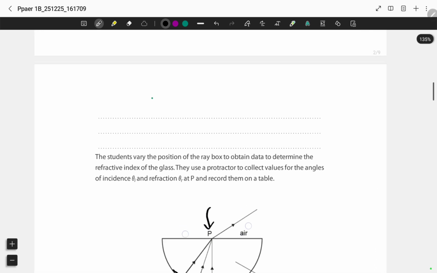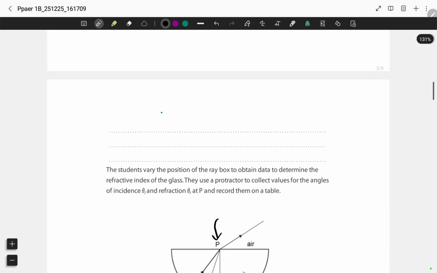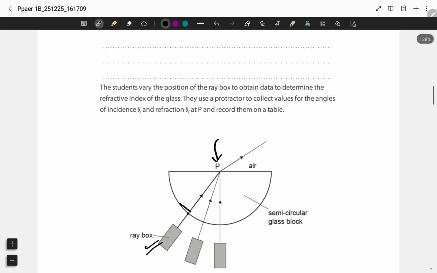The first question says: outline how the student can ensure that the light is not deflected at the curved surface. In order to not get it deflected, the incident angle must be 0, or in other words, the light rays should be falling perpendicularly on the surface, exactly 90 degrees at that point.